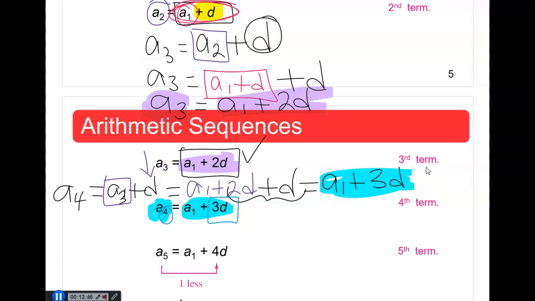So it's going to be 1 less, because if you look at the previous examples, to find a sub 3, we added the common difference twice. So we have 2d. You can see how the number of times that we add the common difference will be 1 less than the subscript.